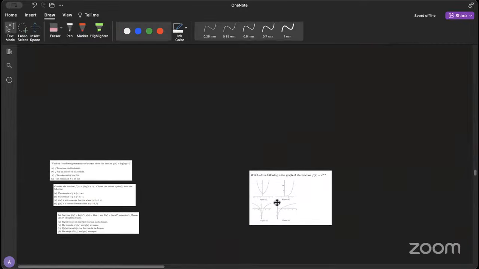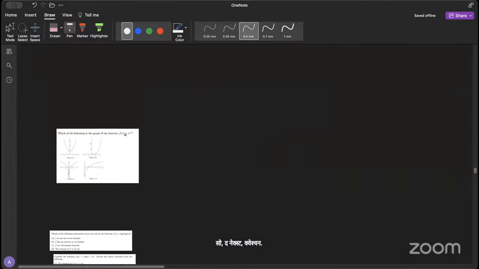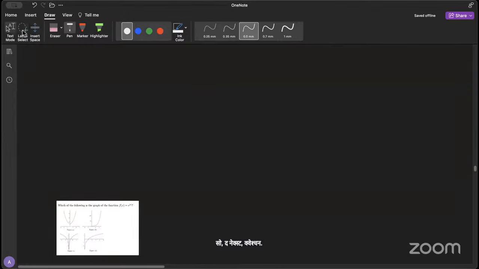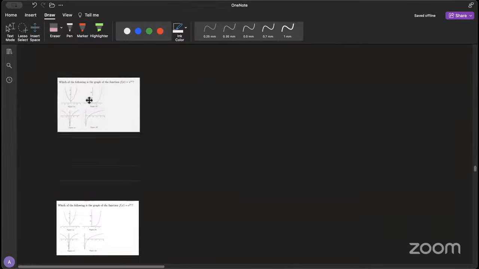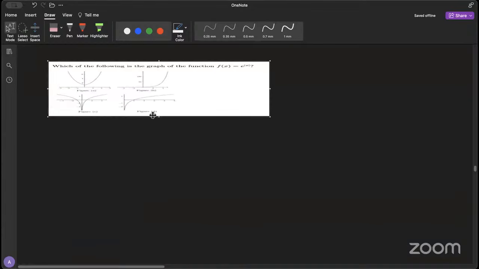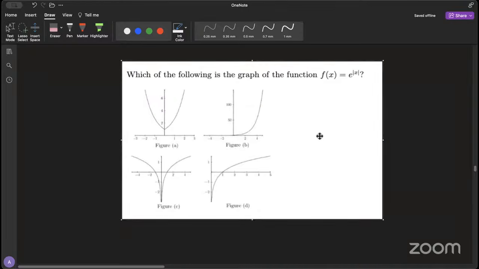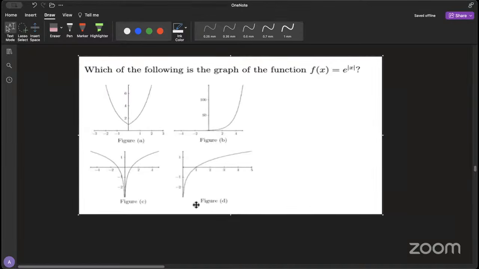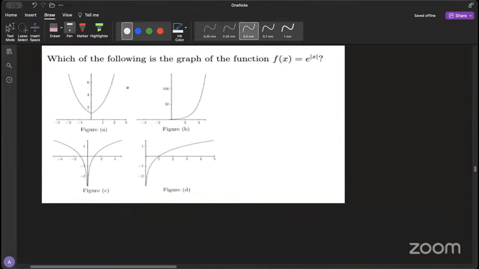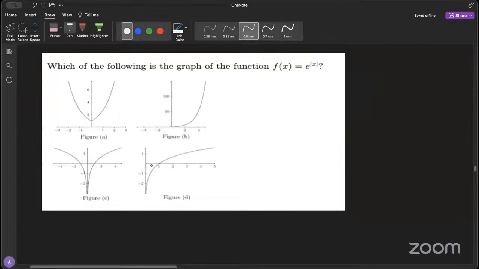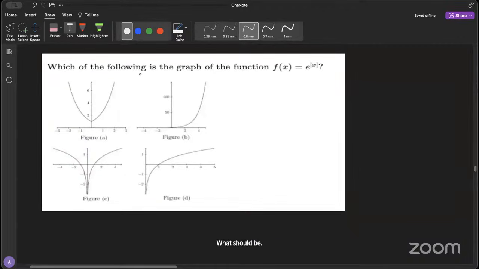So the next question is this one. What should be the graph of e to the power mod x out of the options given?